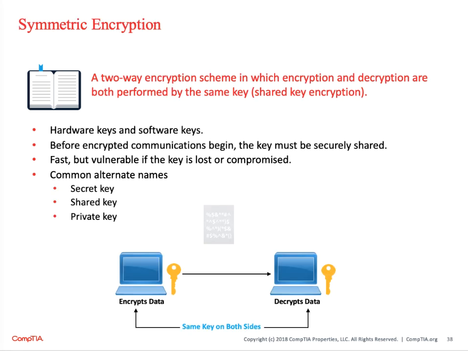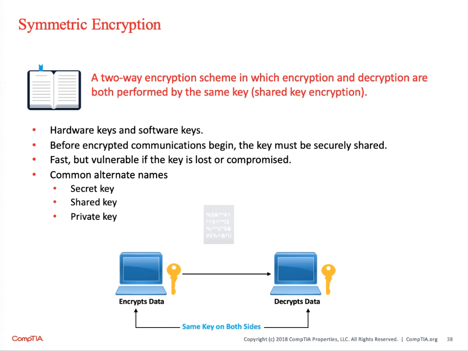All right, so symmetric encryption. Symmetric encryption is a two-way encryption scheme in which encryption and decryption are both performed by the same key. This key could be configured in software or it could be coded in the hardware. However, this key must be securely transmitted before communications begin, and that can be a little bit difficult to do.